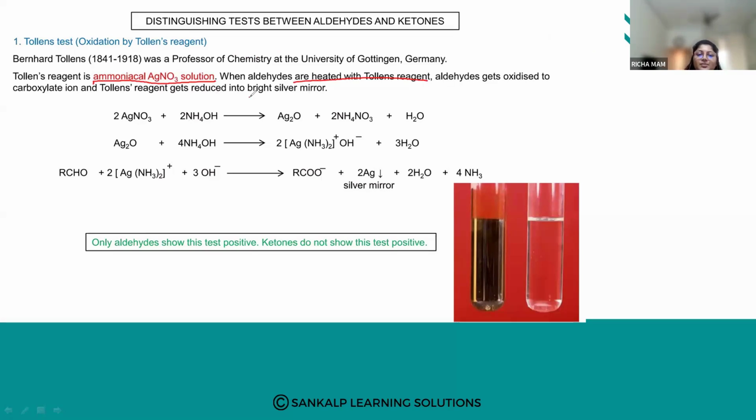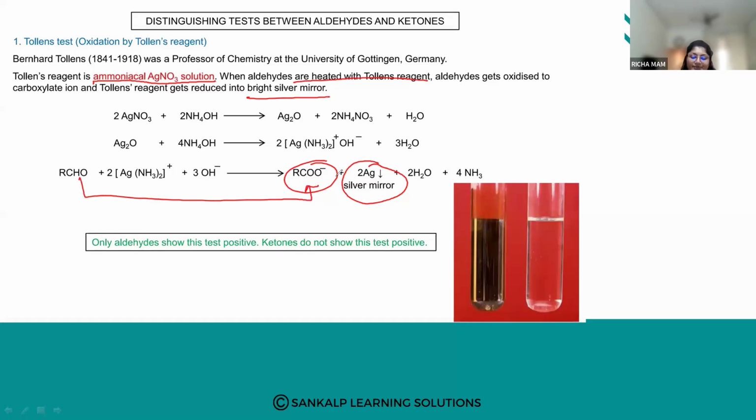It forms a bright silver mirror, which tells you the formation of silver metal. What is happening during this reaction? The aldehyde is getting oxidized to the corresponding carboxylate ion.